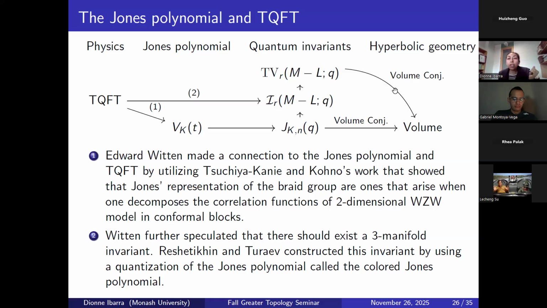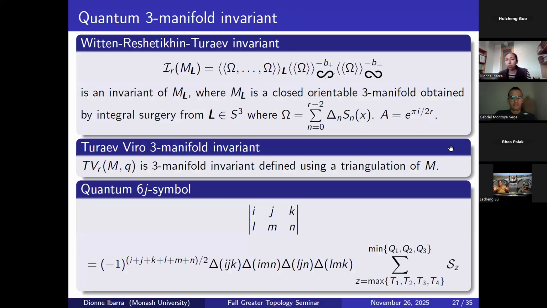And there is another conjecture, which we are going to talk about, relating the growth rate of the Turaev-Viro invariant to the volume. Okay, so this is what I want to discuss.